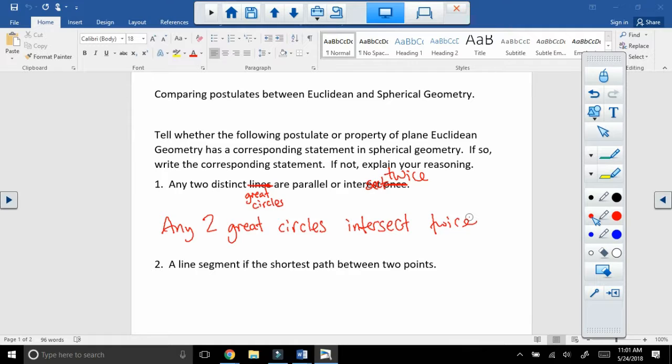The second one says a line segment is the shortest path between 2 points. So what do you think about that? Would a line segment be the shortest distance between any 2 points? If you have 2 points on the sphere, would a line segment be the shortest distance between those?